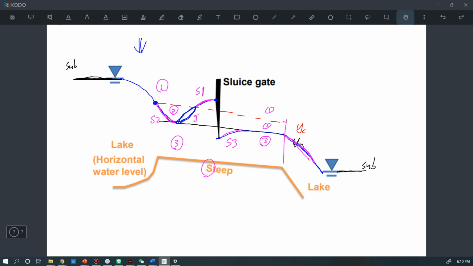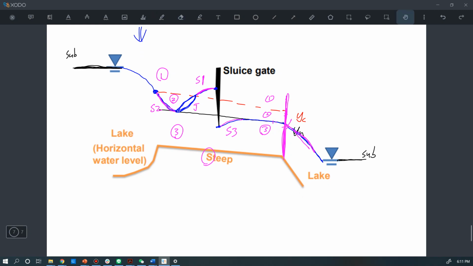I mean, the water flow depth change will not affect any place before this line. Okay. So that is how we create this water profile for this question.